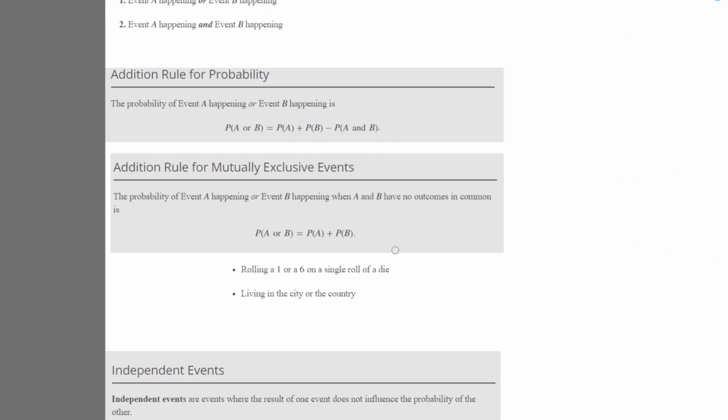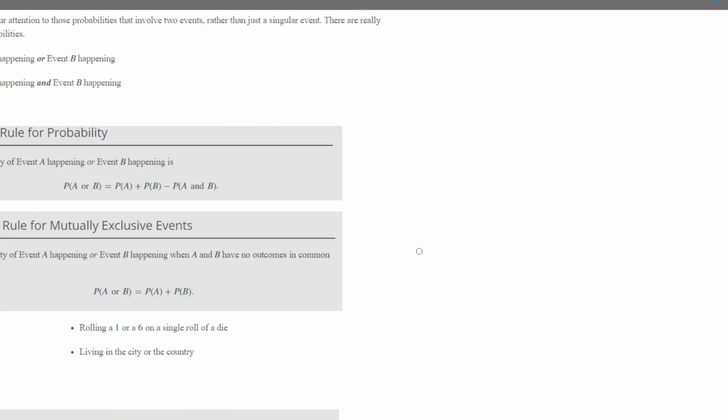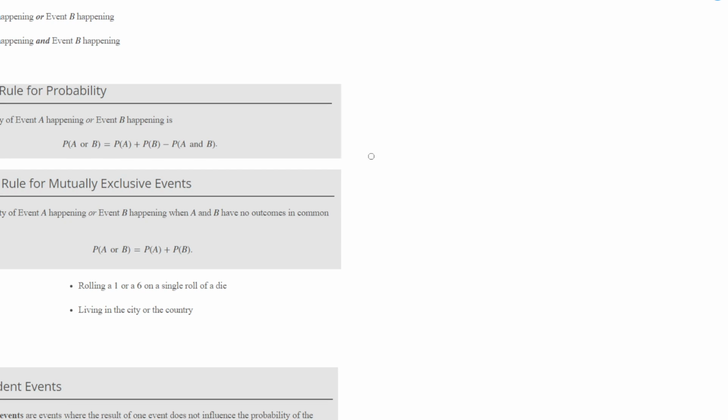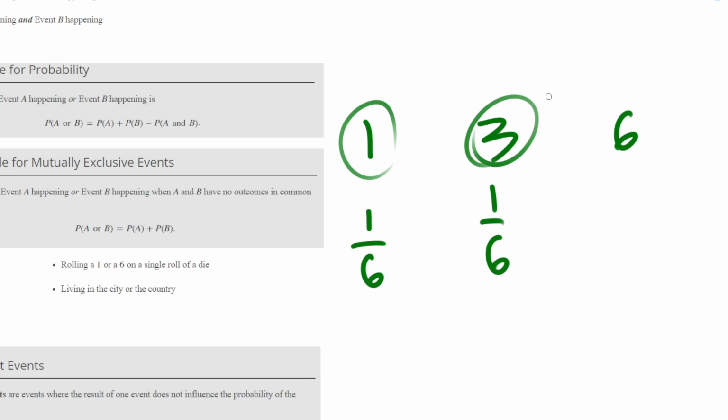The rule for events is different when there's an and in our equation. So if we wanted to roll a dice 3 times in a row, and we wanted to get a 1 the first time, a 3 the second time, and a 6 the third time, there's a 1 in 6 chance of rolling a 1, a 1 in 6 chance of rolling a 3, and a 1 in 6 chance of rolling a 6.